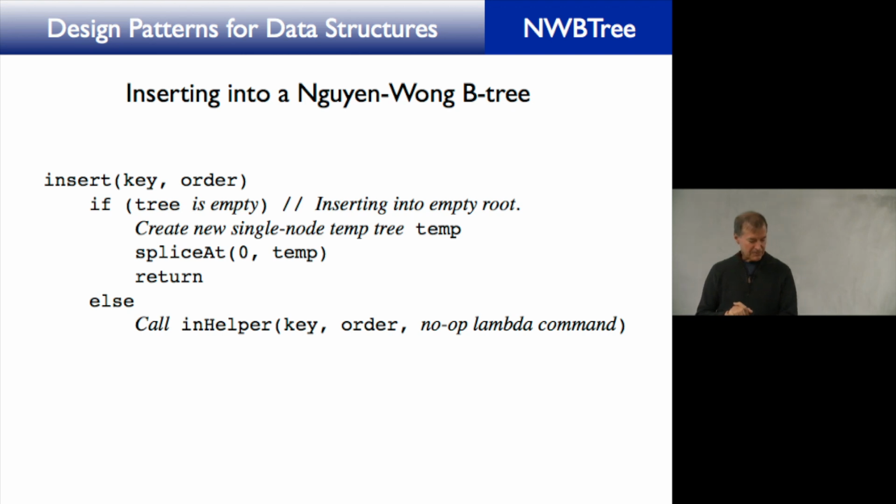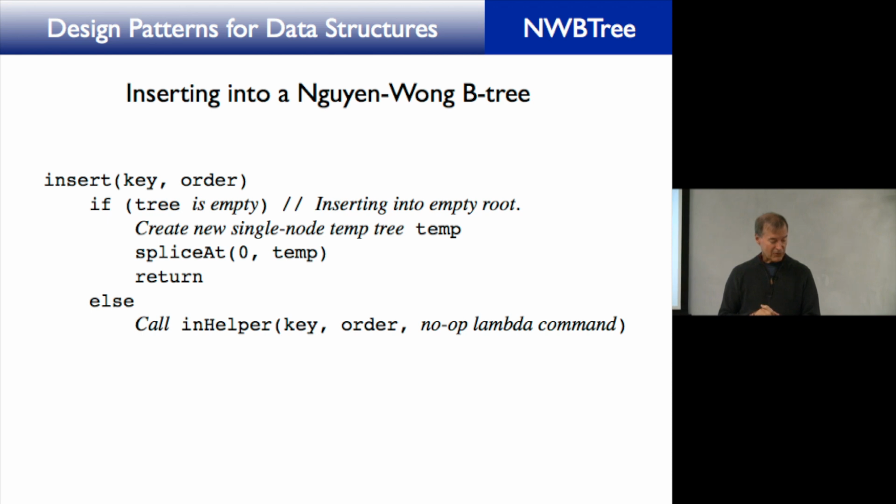Else what do we do? Else we call in helper, and now we have 3 parameters: key, order, and the no-op lambda command. Now what do we mean by this? Well, the first parameter is the key value that we're trying to insert.